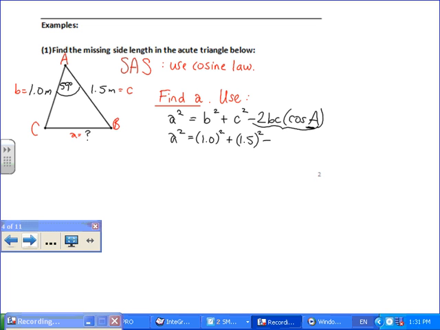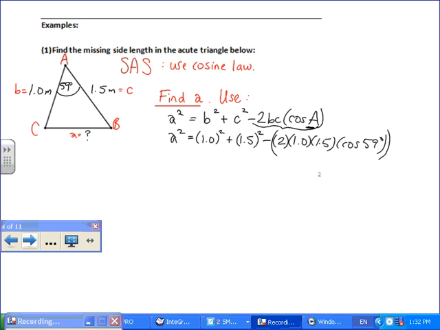So this is a product. We're going to be multiplying 2 times b times c times cos of a. So I can put maybe some big brackets around this, okay? And this is going to be 2 times b, which is 1.0, times 1.5, which is c, times the cos of angle A, and angle A is 59 degrees.